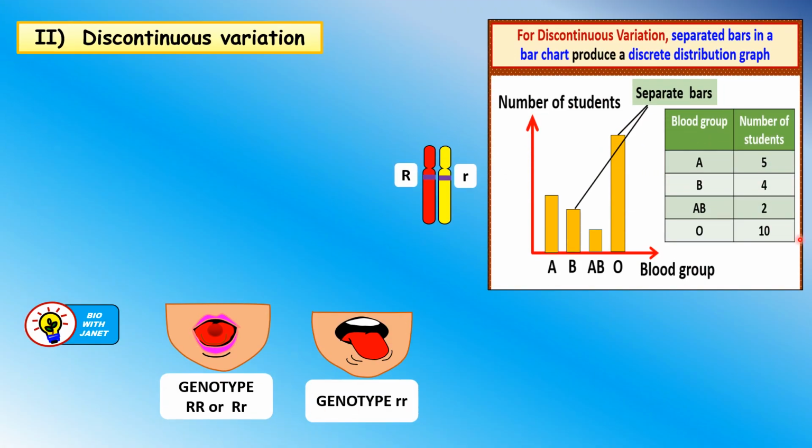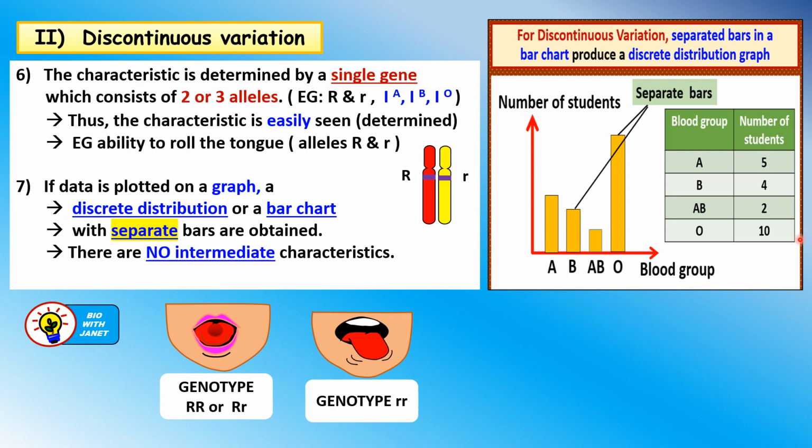Next, a characteristic that shows discontinuous variation is determined by a single gene, just one gene, which consists of 2 or 3 alleles. For example, the ability to roll the tongue is controlled by 2 alleles that we can denote with the letters big R and small r. This pair of alleles are found on the same loci on a pair of homologous chromosomes.